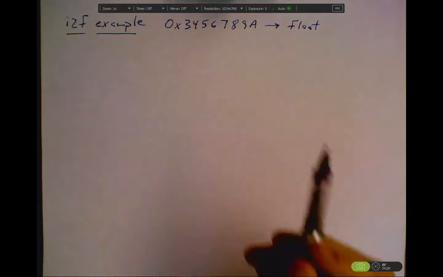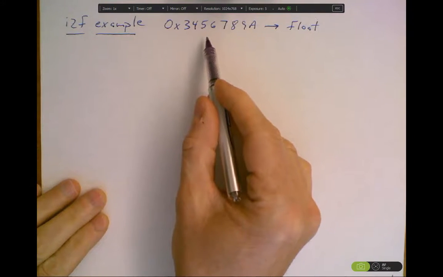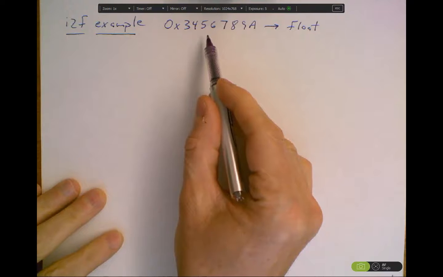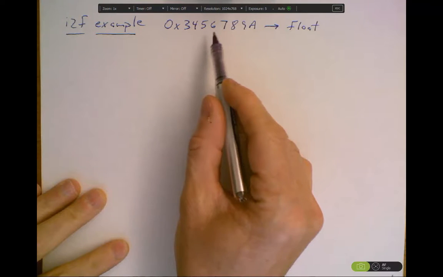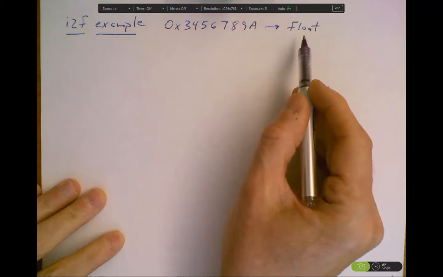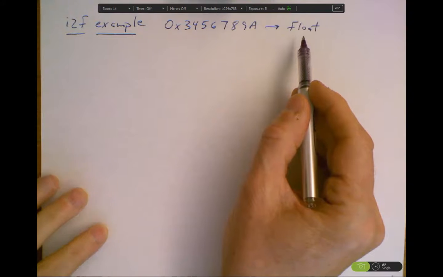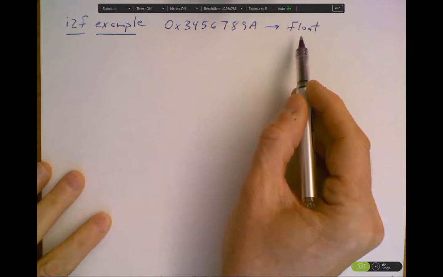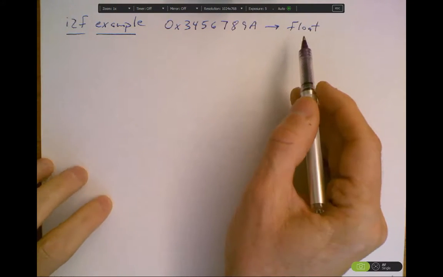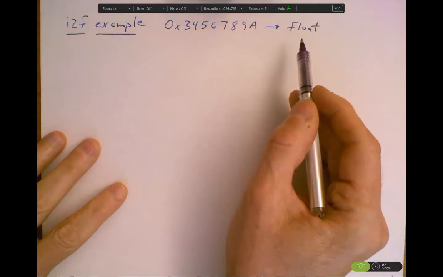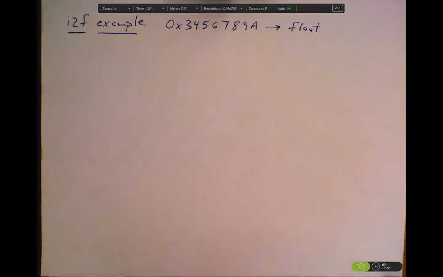Okay, so I'm given these bits expressed in hex again, and I'm told that that's a 32-bit integer, and I want to convert that integer value to an IEEE single precision float value, and I want to know what the bits would look like after that conversion. So let's take a look at this case.